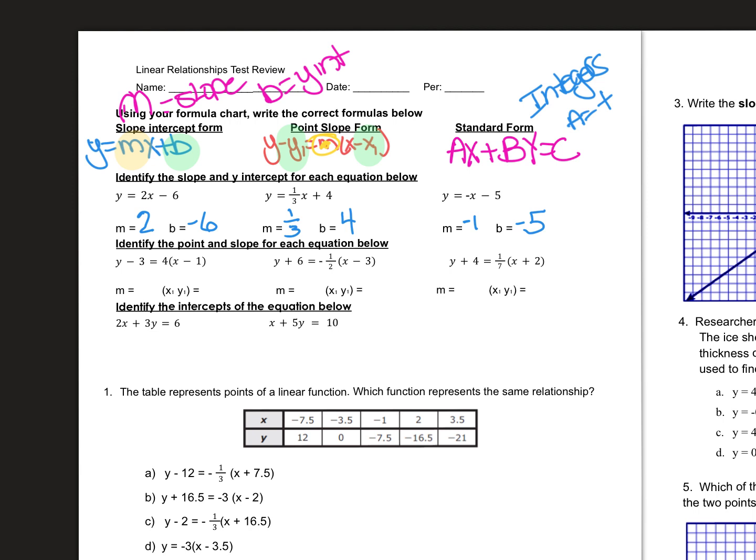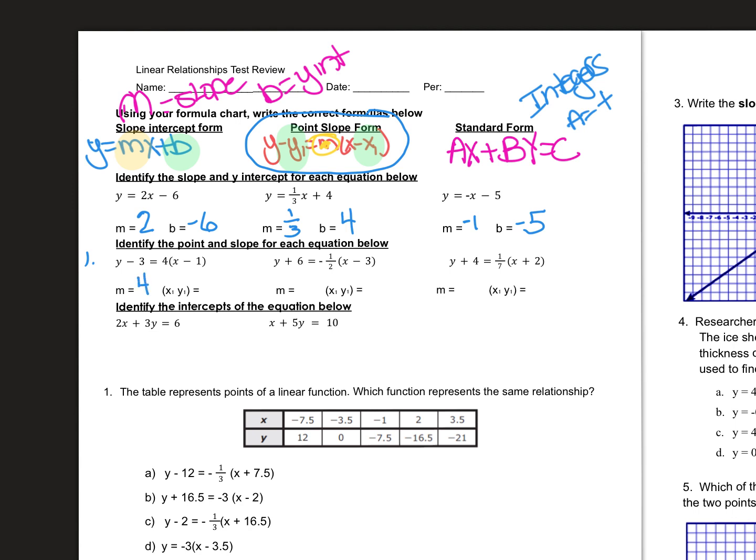So moving on with identifying the point and the slope for each of the other equations, we are now looking at point-slope form. Okay, so if we take a look at what our point-slope form is up here, we know that our slope, our m, is on the outside of the parentheses. So on this first one, our slope is 4.